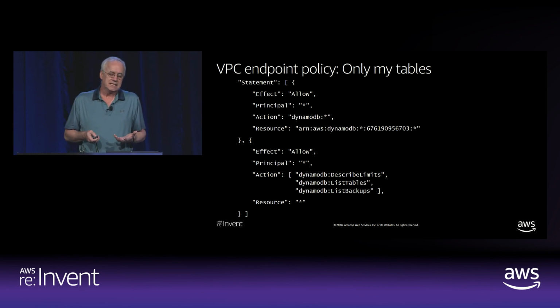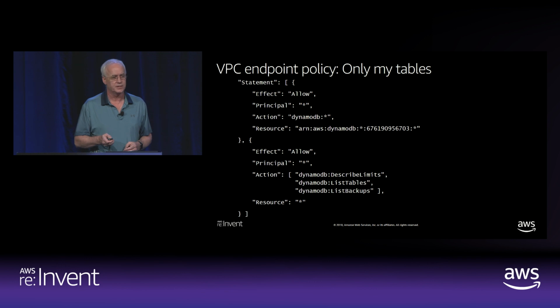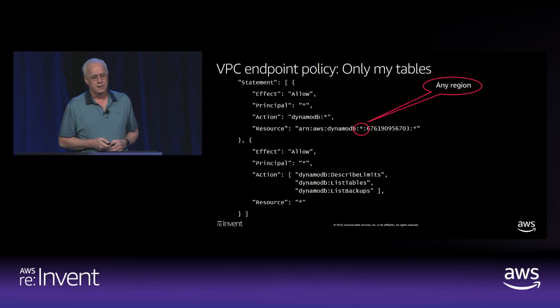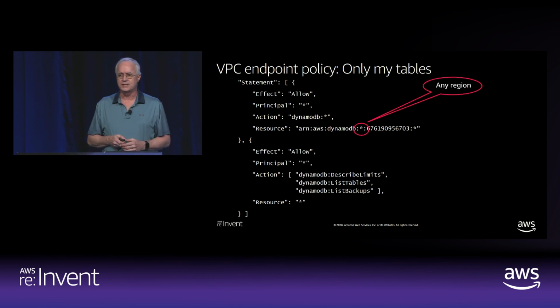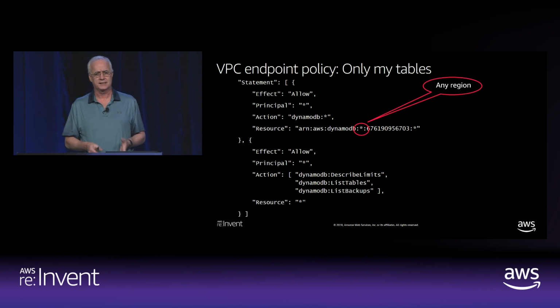In reality, it doesn't really matter if someone's able to list tables in another account, as long as they have permissions in that other account anyway. I'm more worried about whether they can send data or pull data in from another account, and that's why I limit the basic permissions. I did use any region here, and generally a VPC endpoint only exists within a single region.